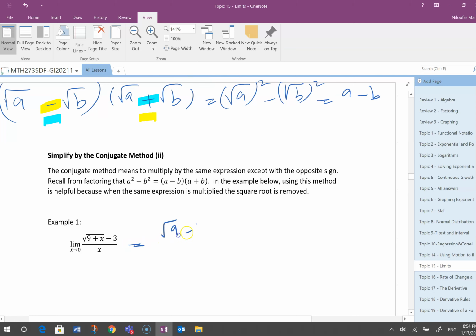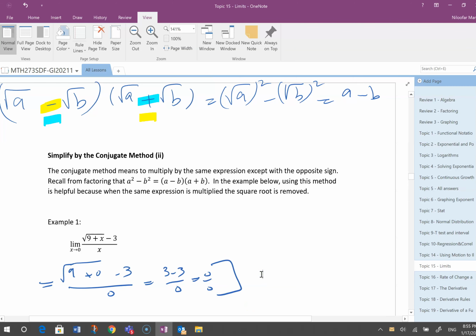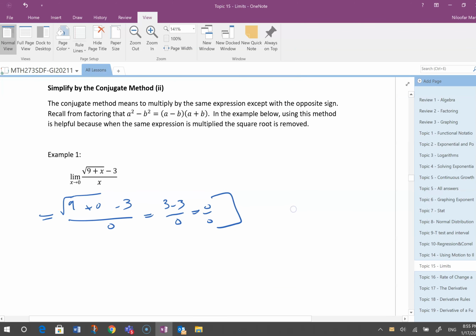It is radical 9 plus 0 minus 3, divided by 0, which is 3 minus 3 over 0, which is 0 over 0. Okay, it's not clear. I don't say it's undefined because x is approaching 0. It's not 0, it's very close.